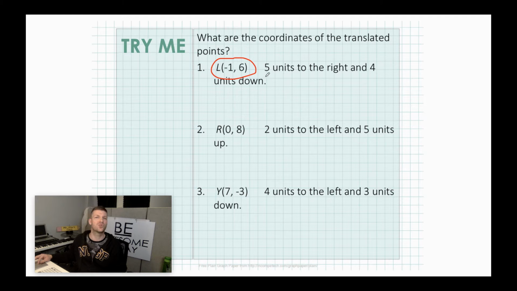The translation you are doing: we're going to move this 5 units to the right and 4 units down. Now, do I have to pull out a Cartesian plane and graph this and then go 1, 2, 3, 4, 5, 1, 2, 3? You do not have to.